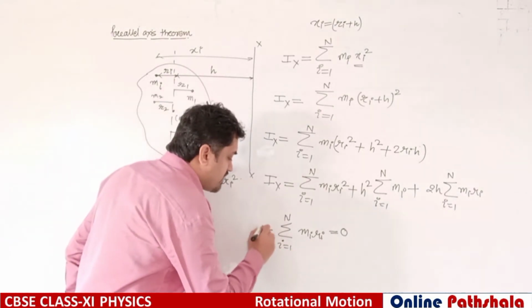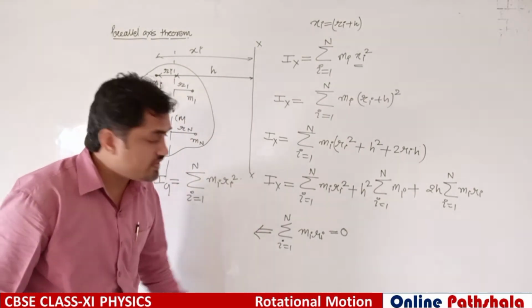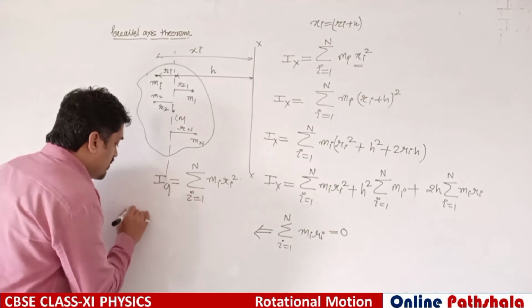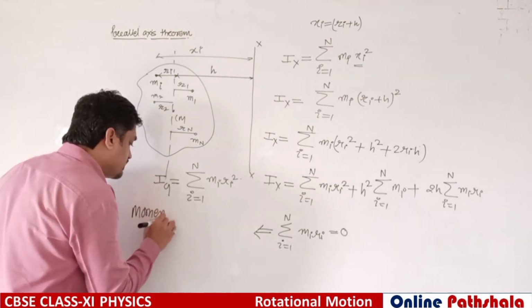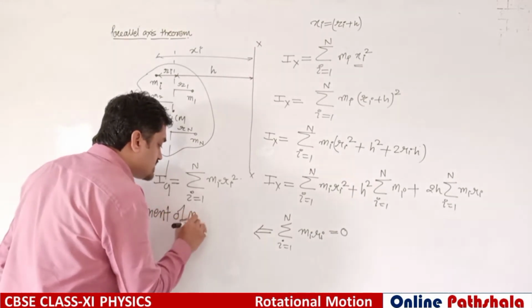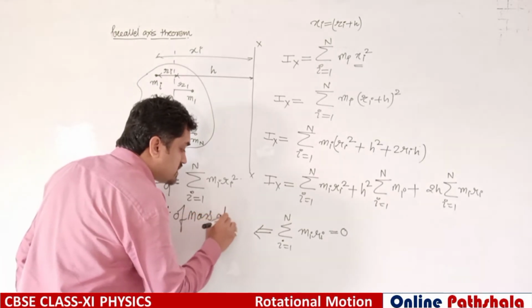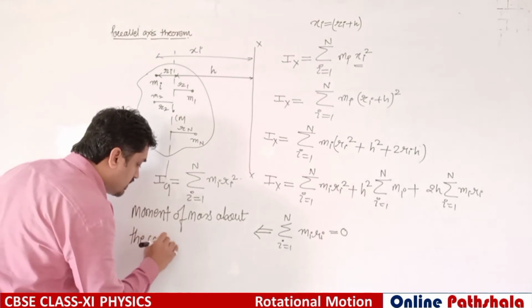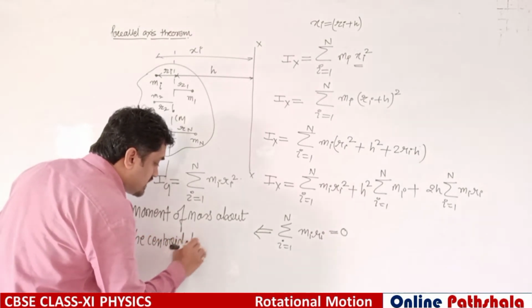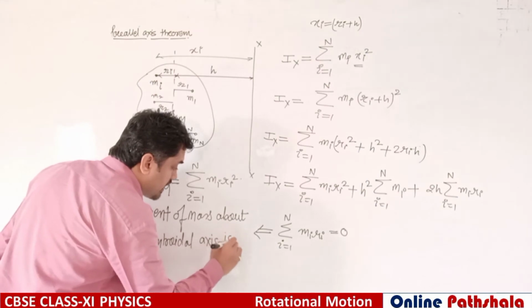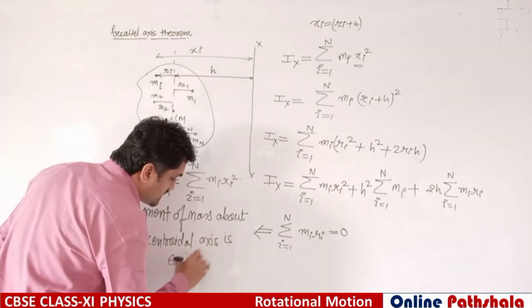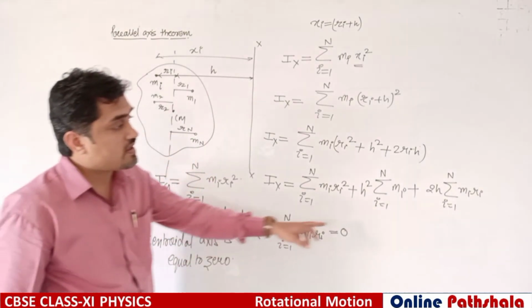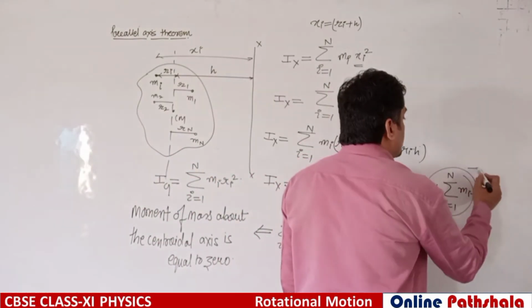Why are we putting 0 for this summation mi ri? Because the moment of mass about the centroidal axis is equal to 0. That's why we can put this term equal to 0.